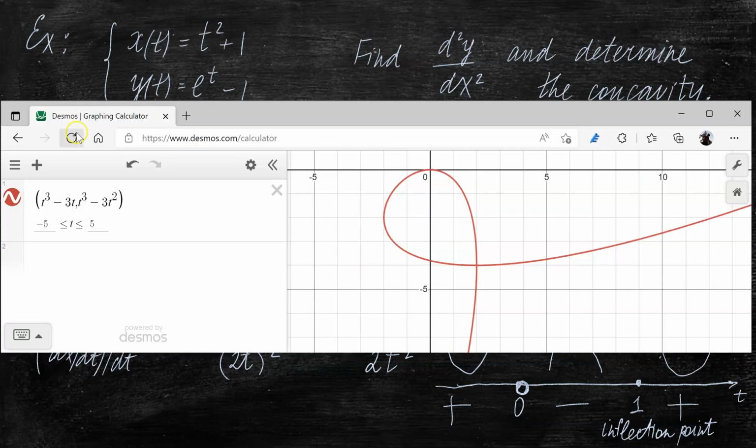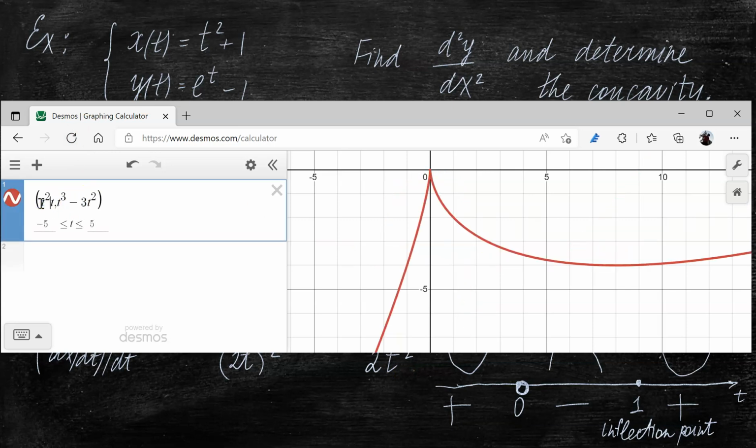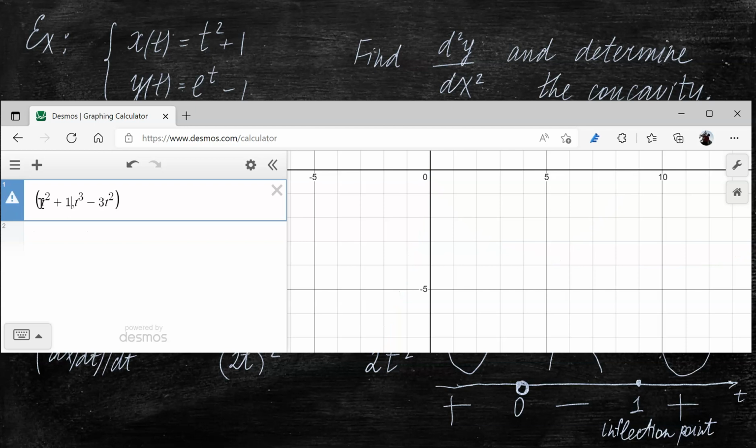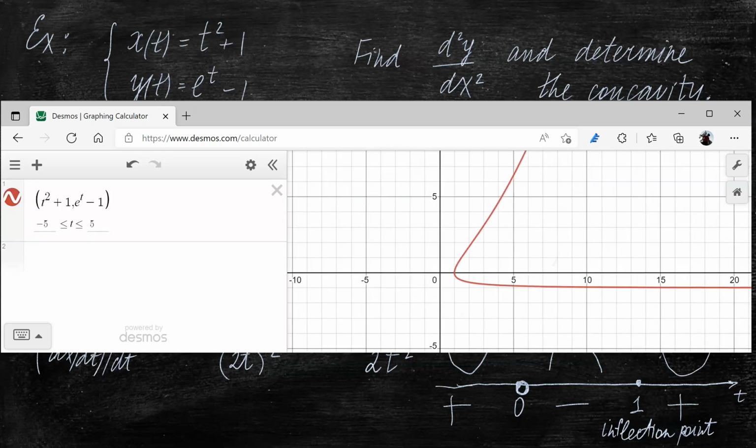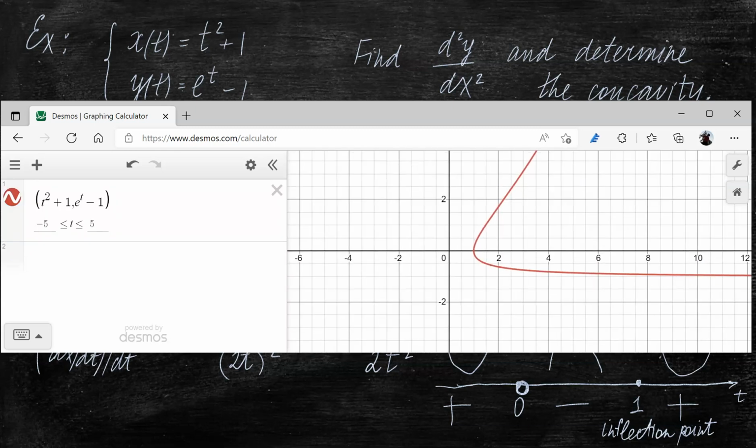So let's do that. Let's enter the parametric equation and let's analyze it. So t equals 0. If we want to know which of these points is for t equals 0, let's just throw 0 in here.